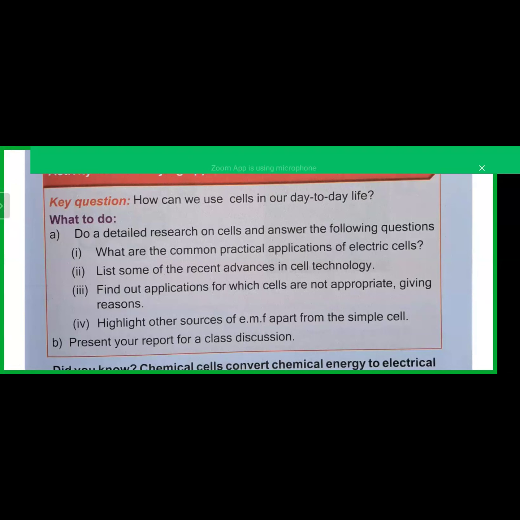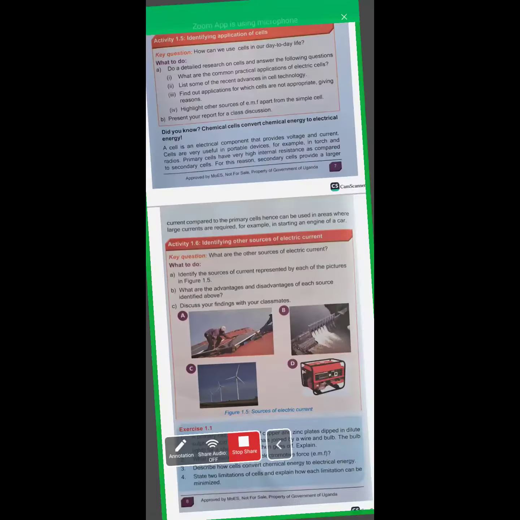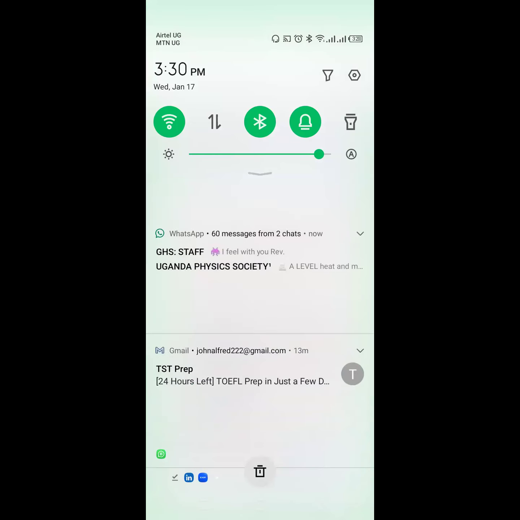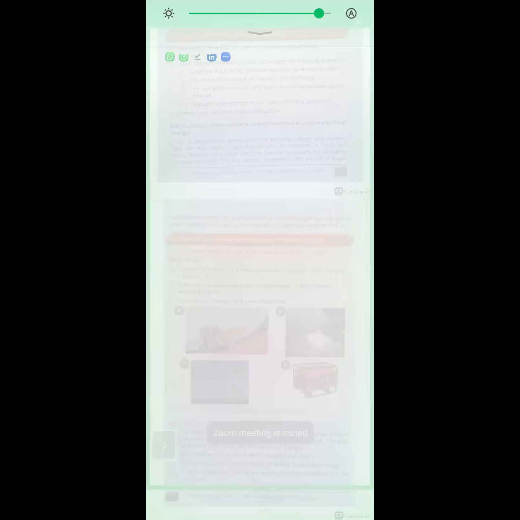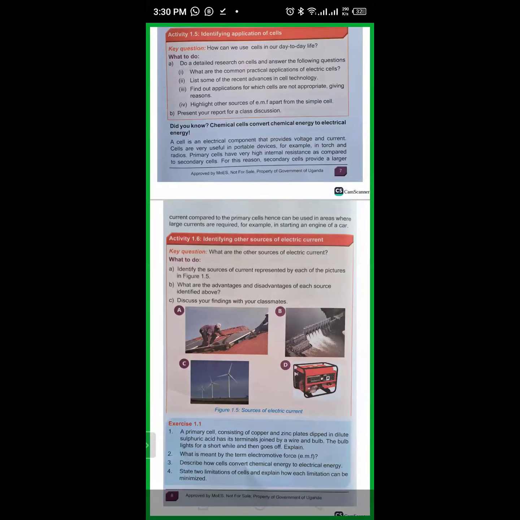Alice says cooking. Yes, I think that is true. Another one. Cab says when welding in a workshop. Yes.